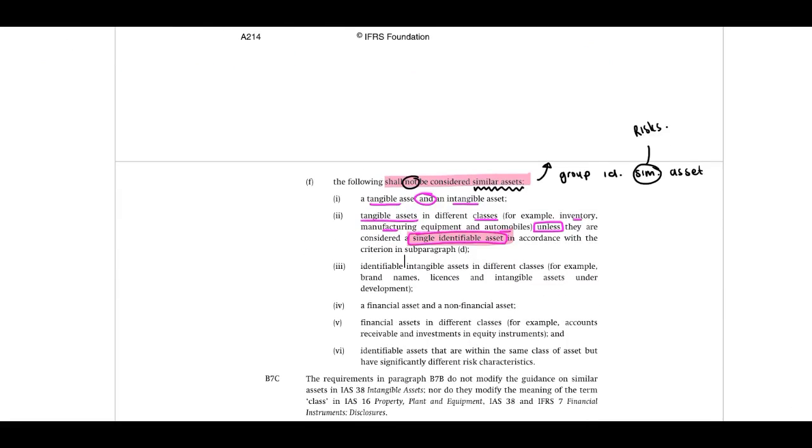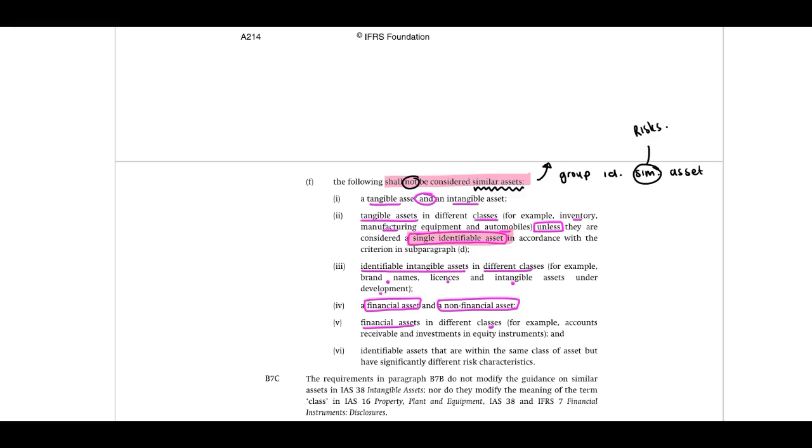3. Identifiable intangible assets in different classes, for example, brand names, licenses, intangible assets under development. 4. A financial asset and a non-financial asset. Financial assets in different classes such as accounts receivable and investments in equity instruments.